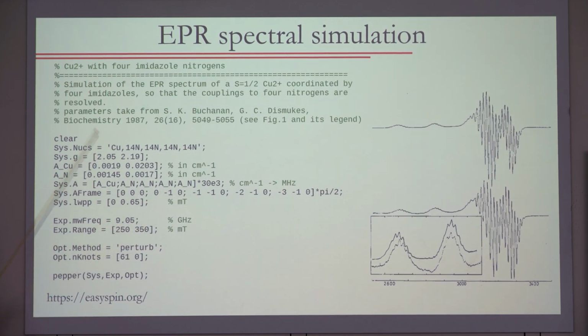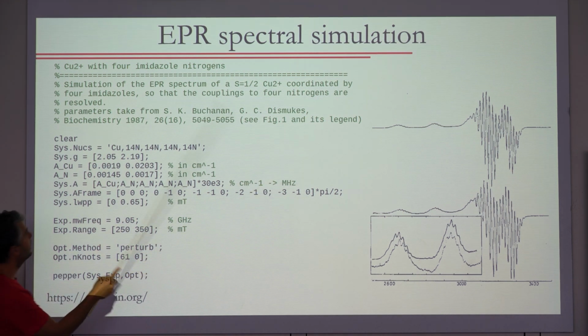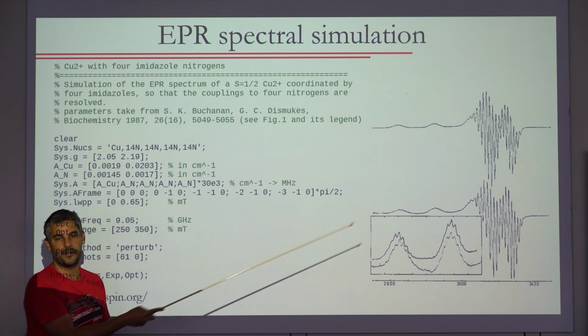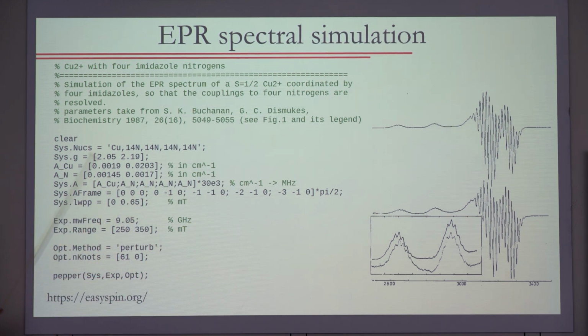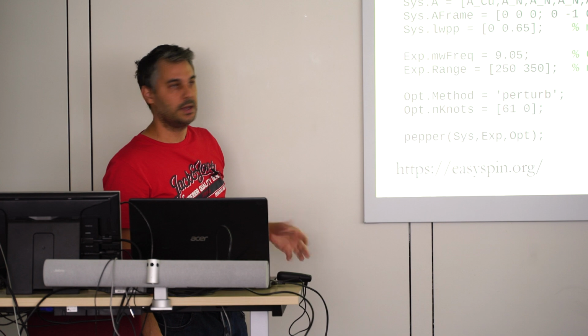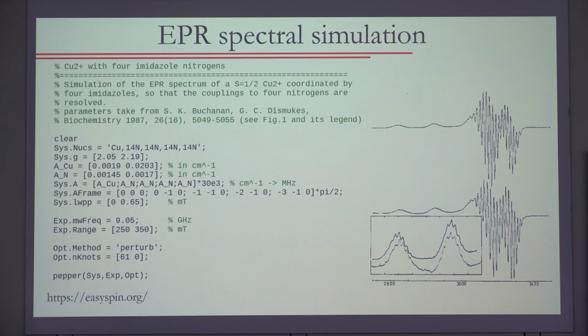This is an example of a copper complex with 4 imidazoles. This is a spectrum. It looks similar to copper porphyrins, but apparently it's not that. So you can define a lot of parameters. I'm not going to go into this because anyone who tries to simulate will start from some previous program from someone else, and they will ask, okay, how do I do this?